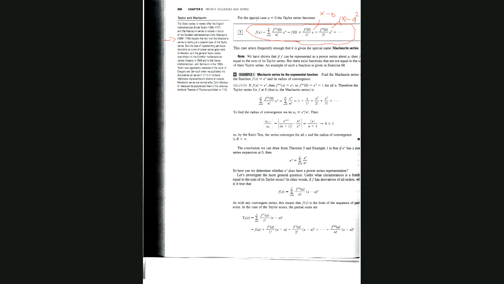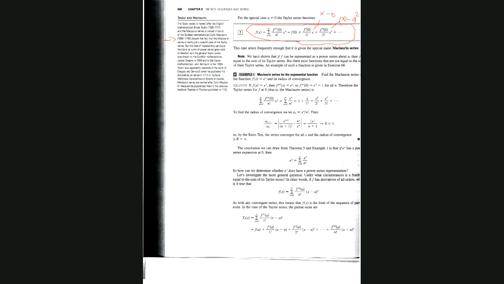And if you have, just like you saw with the example we just looked at, a definite integral that you need to compute and you can't get an antiderivative, how are you going to compute that definite integral? Well, one way is to find the power series for the function. So this is Taylor and Maclaurin series.